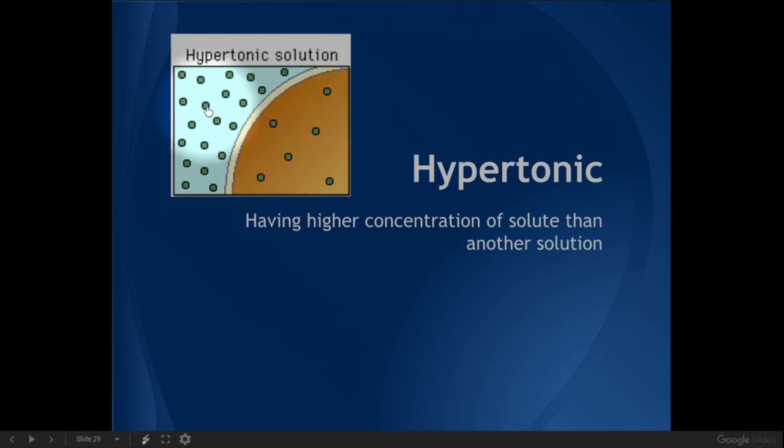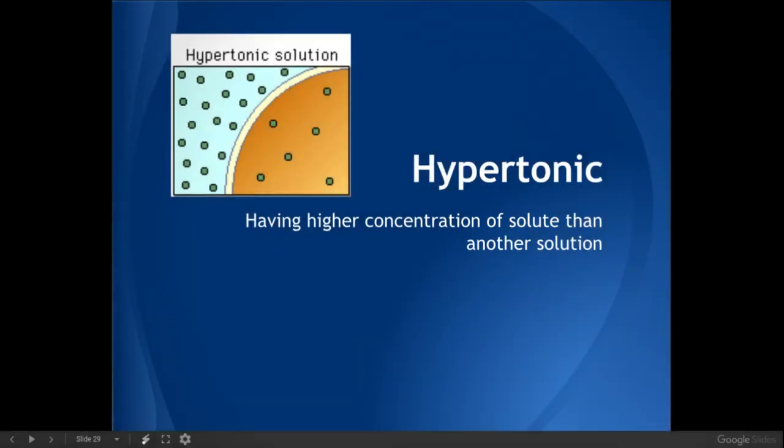So I would consider this a hypertonic solution. There are more solutes outside than there are inside. So it's having a higher concentration of solutes than another solution or than a cell.